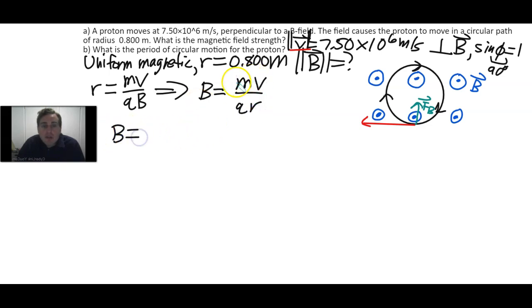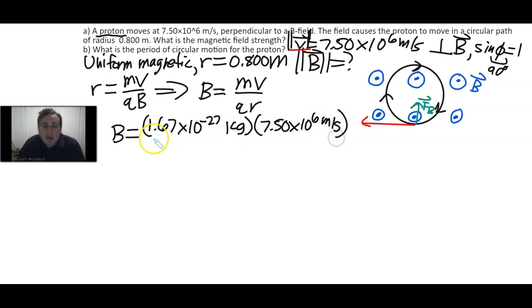So B is equal to, now, it's a proton. I didn't mention that before, but we know the mass and the charge of a proton. The mass of a proton is 1.67 times 10 to the minus 27th kilograms. You can look that up online, in a textbook, engineering manual, etc. The velocity is 7.50 times 10 to the 6th meters per second.